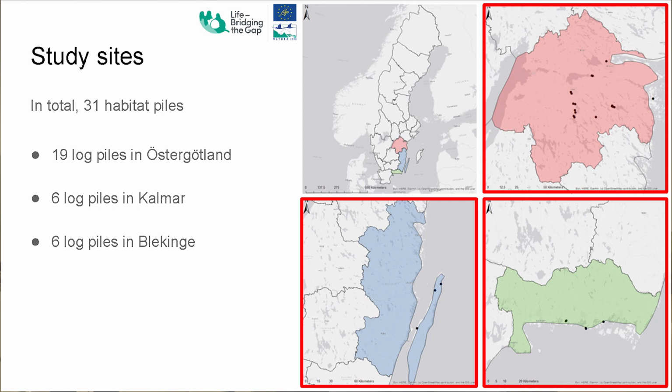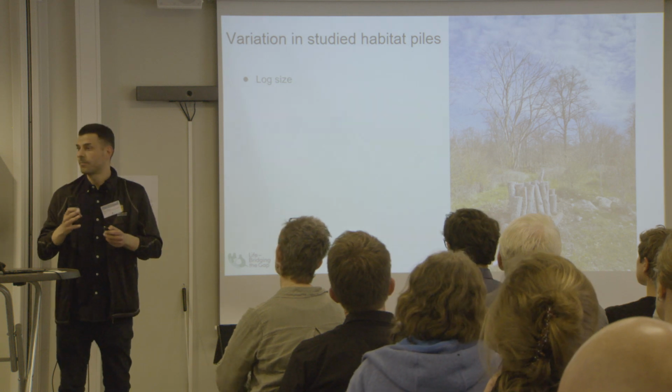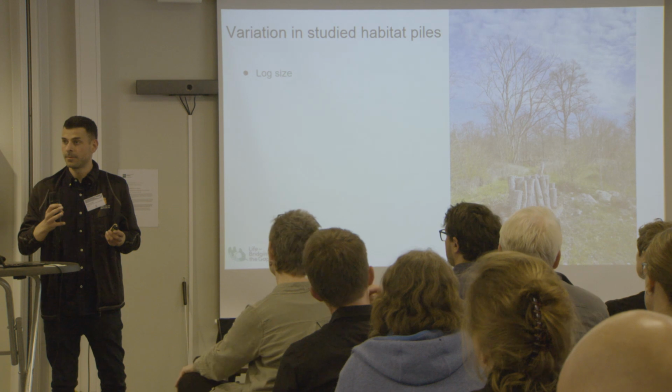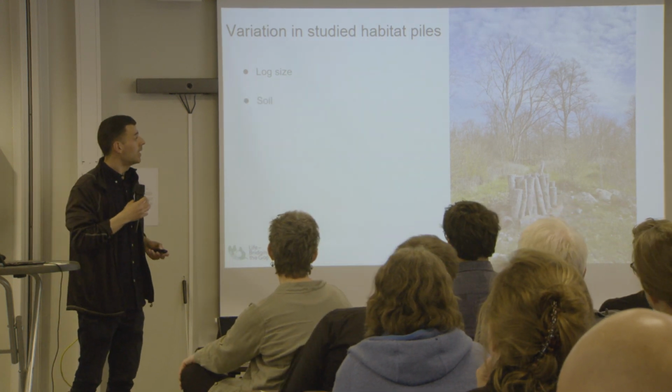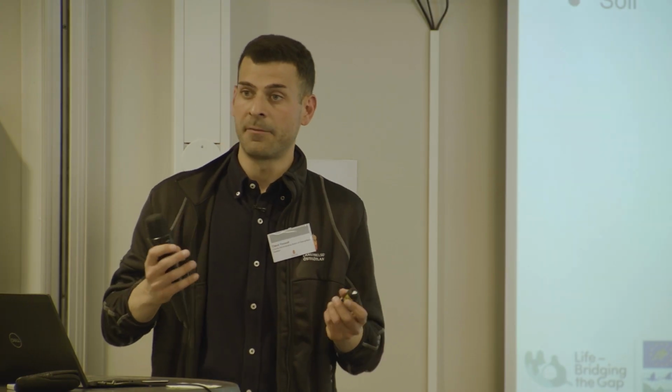And I also looked at the different variables. I looked at the log size to see if the size of the logs used for the different sampling methods had an effect on species composition, richness and abundance. I also looked at the soil, whether it was sandy or clay soil, and what kind of effect that would have.